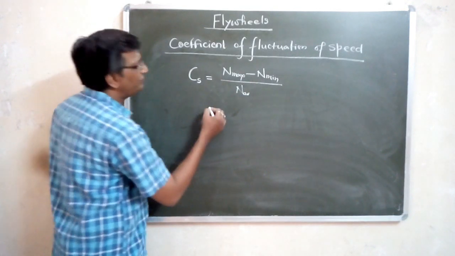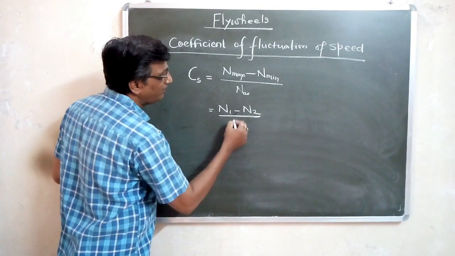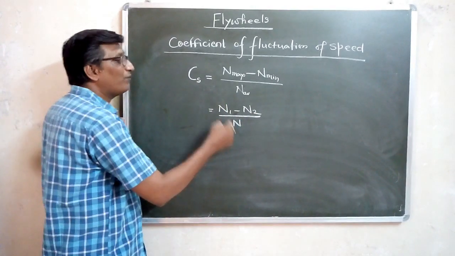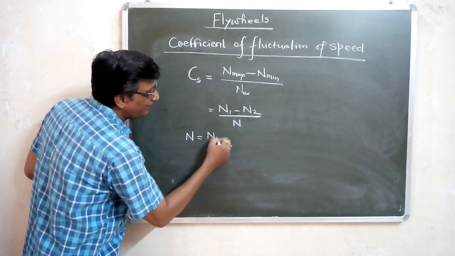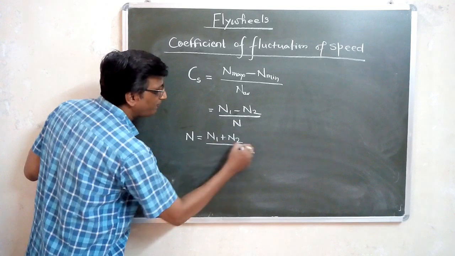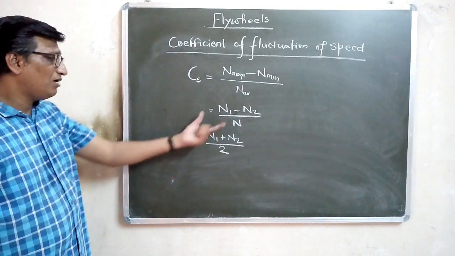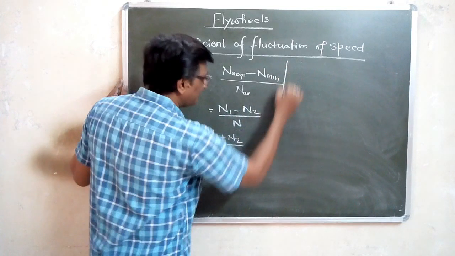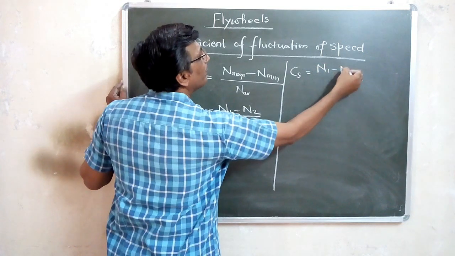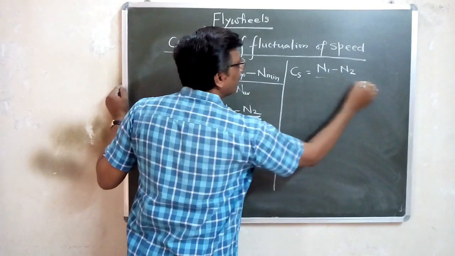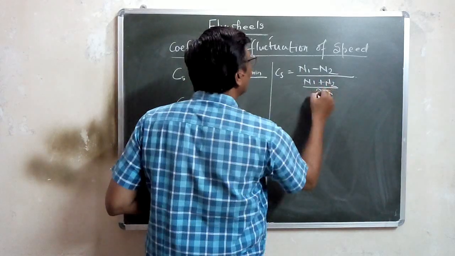Okay, so you can also write here N1 minus N2 divided by N. What is this? This is average. How can average be calculated? N can be calculated as N1 plus N2 by 2. That is the average of maximum and minimum. Okay. Now you can also write this Cs as N1 minus N2 divided by N1 plus N2 by 2.